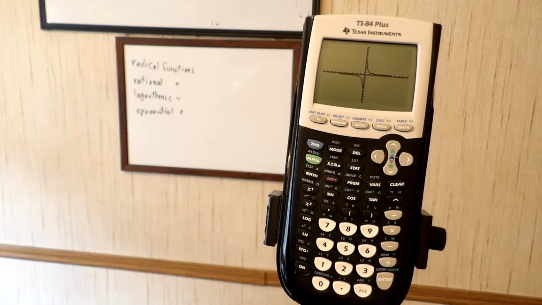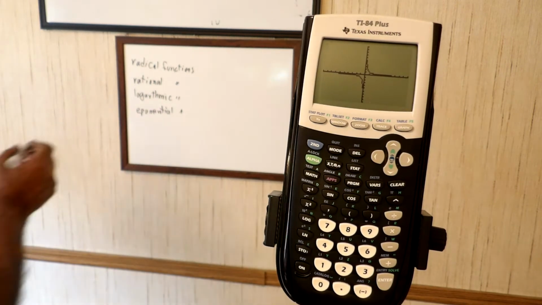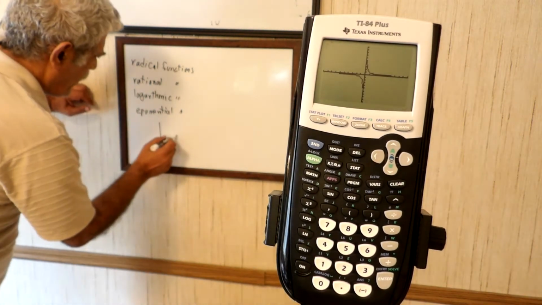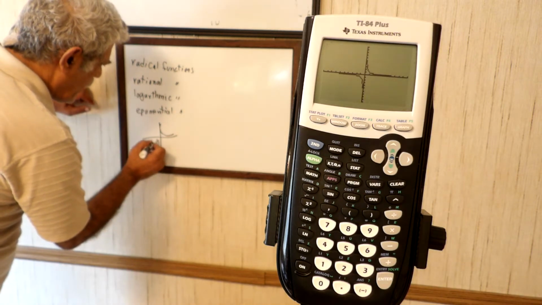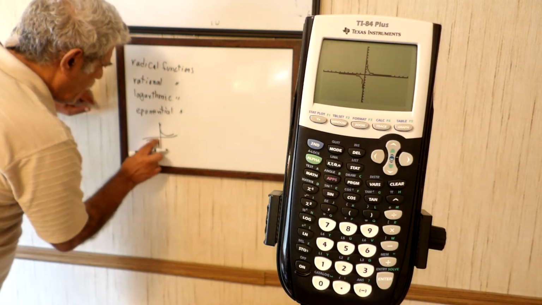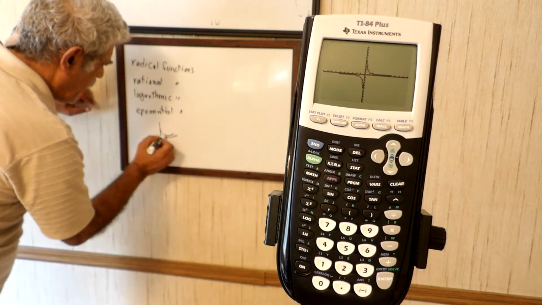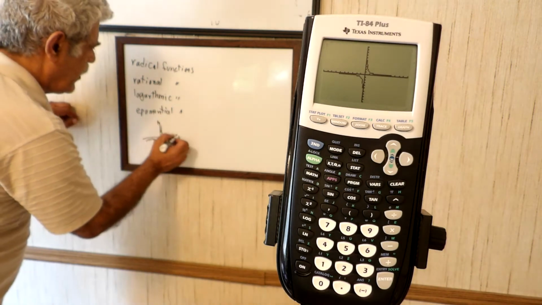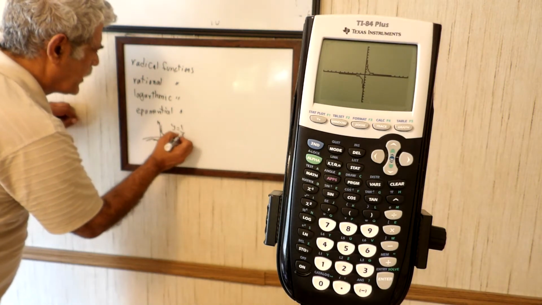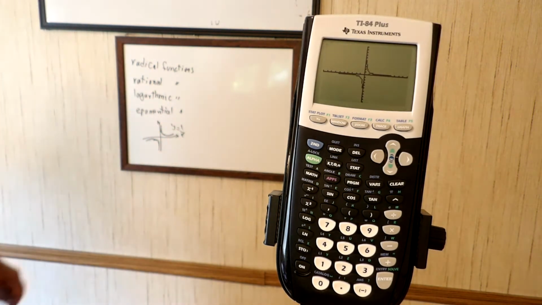It's going to be something like that. y is equal to 1 over x.